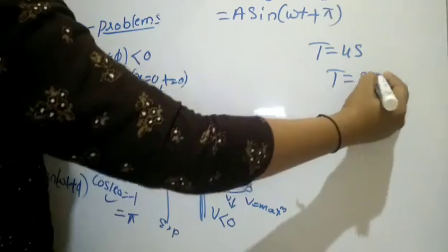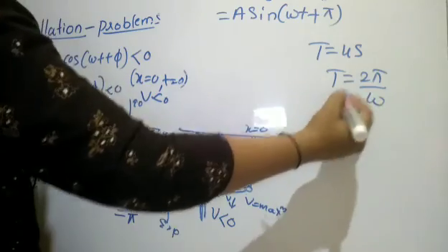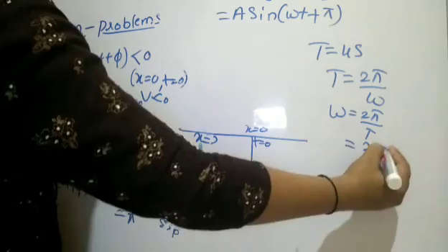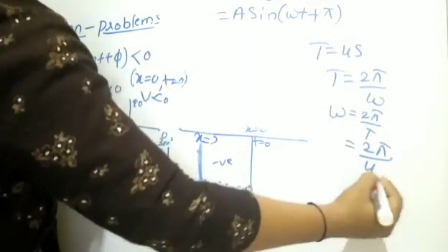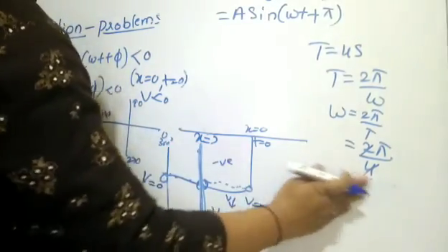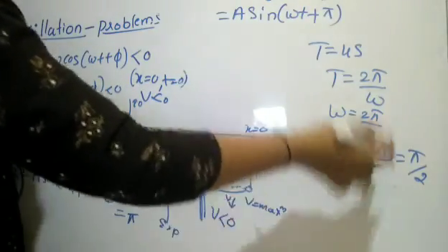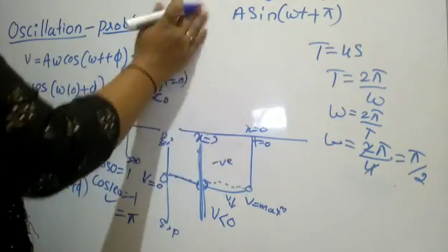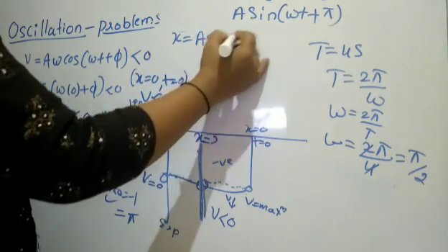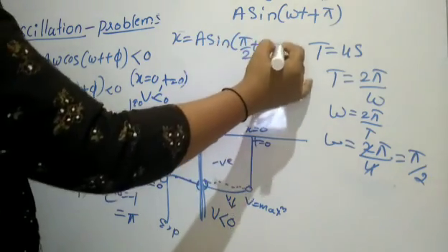We know the relation omega is 2 pi by T, so omega is 2 pi by 4, which is pi by 2. In place of omega I put pi by 2, so x is a sin(pi by 2 t plus phi).